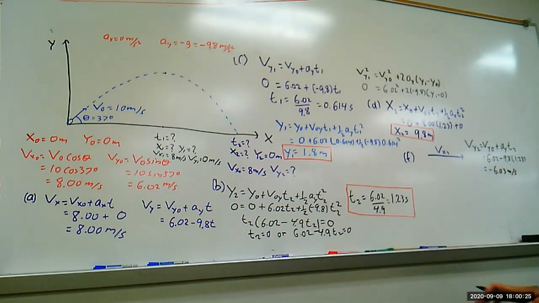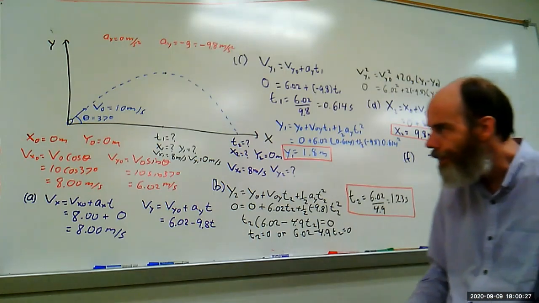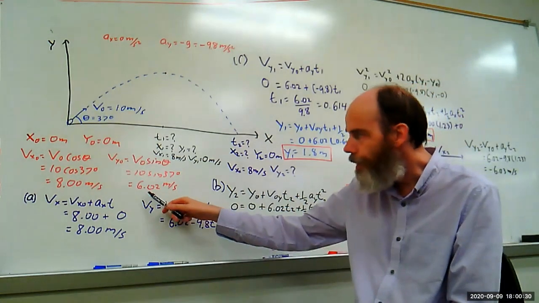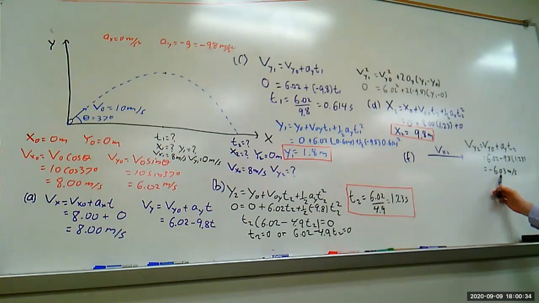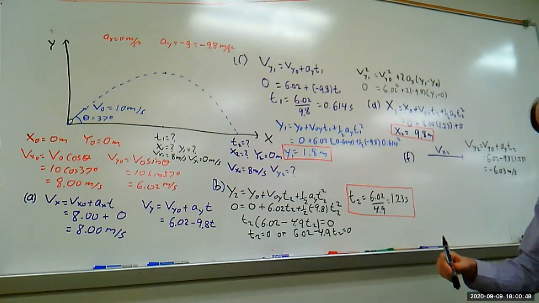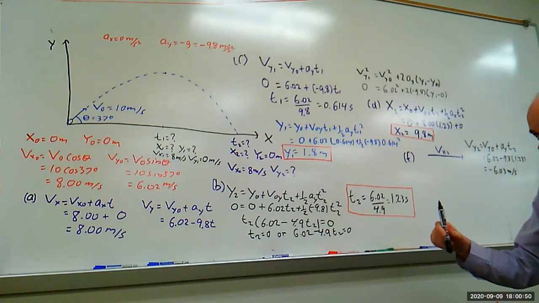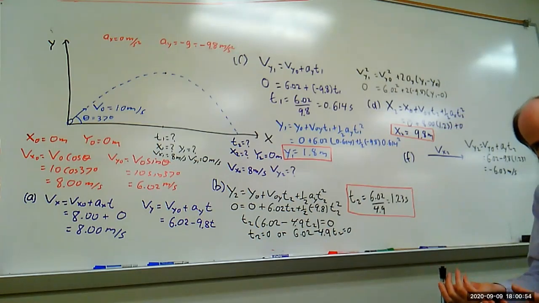Do you notice? Initial y velocity is 6.02. The final has the same magnitude, accounting for significant figures. We take two sig figs. It's the same magnitude, but it is in the negative direction. It's going down. So initially, the y velocity is going up at 6.0 meters per second. At the end, it's going down with the same magnitude.